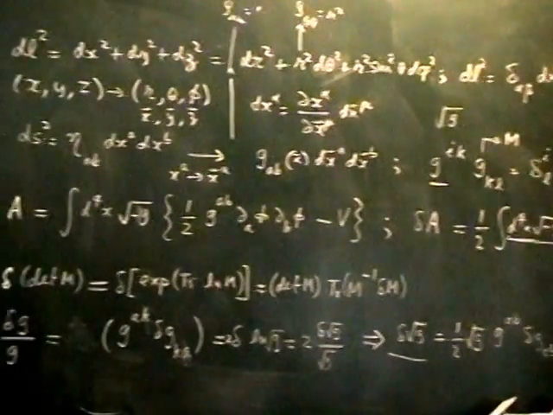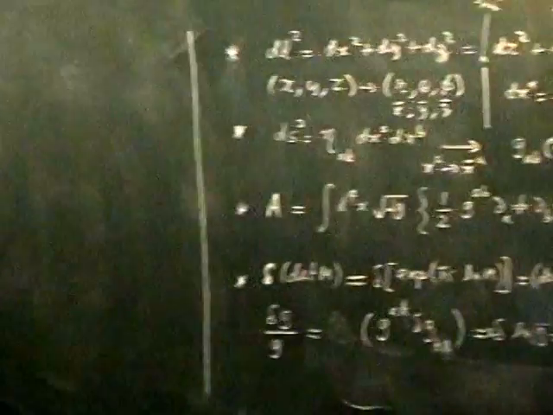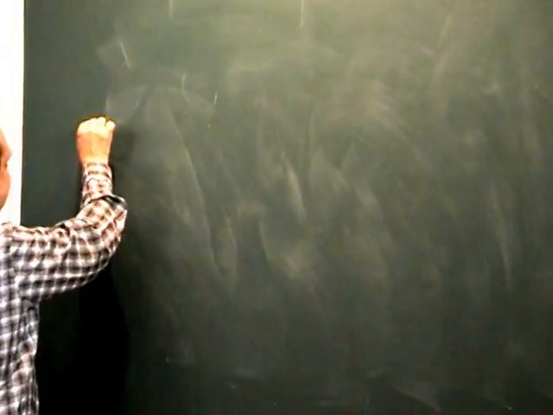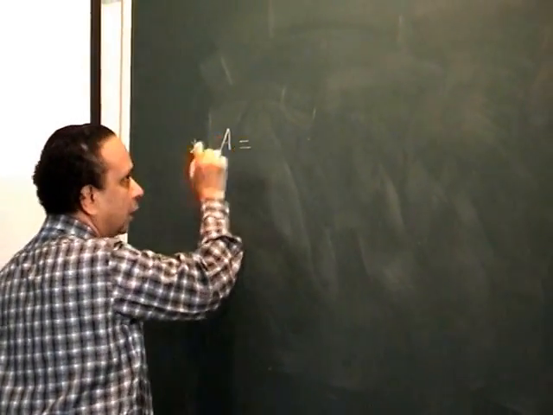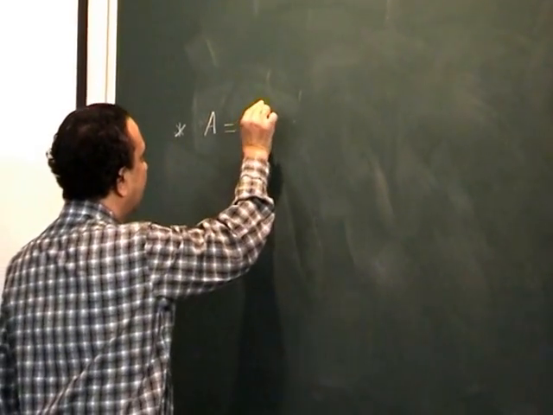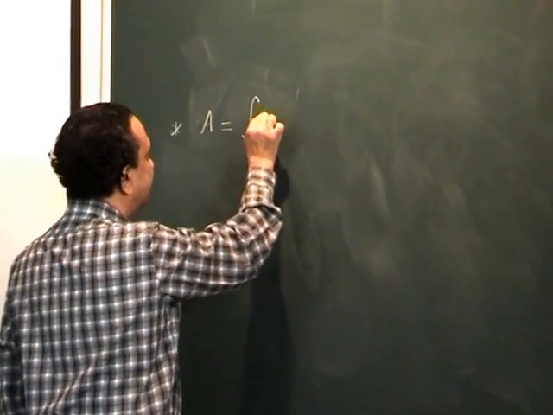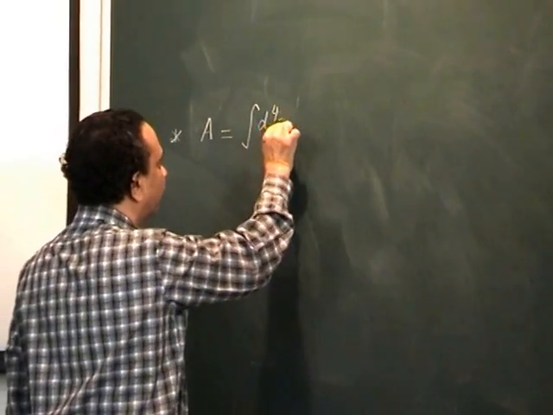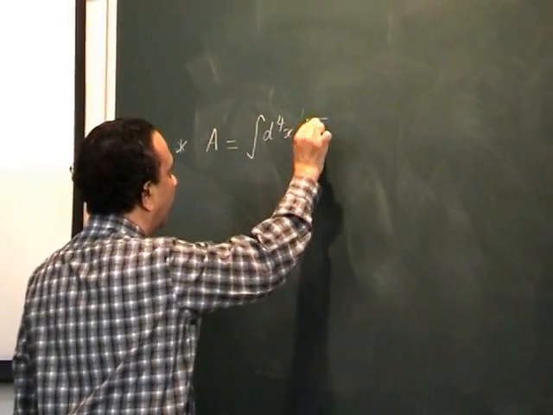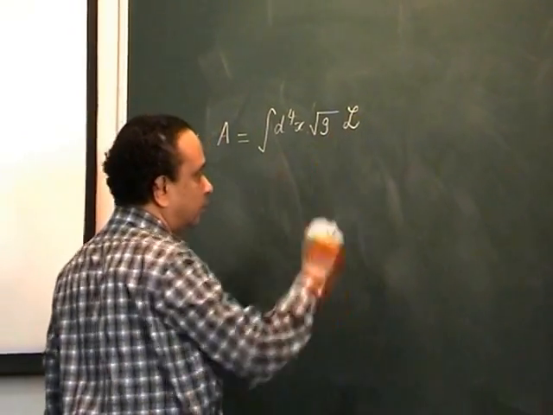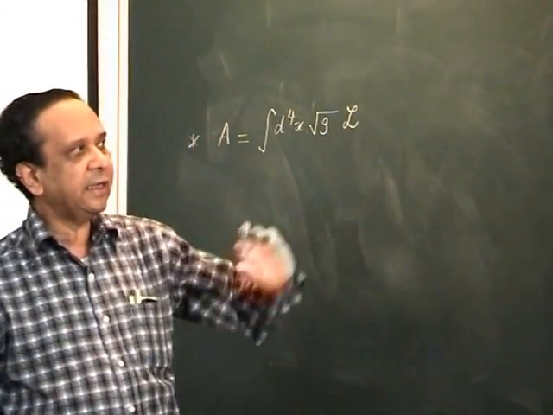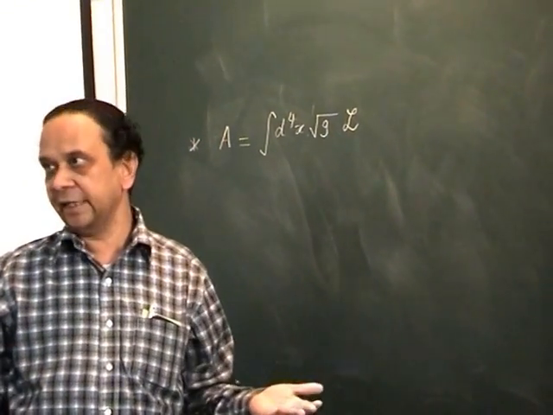So we want to vary that quantity. So you have the action, which is integral root minus g d4x times the Lagrangian, and you are going to vary that whole quantity with respect to G^AB.